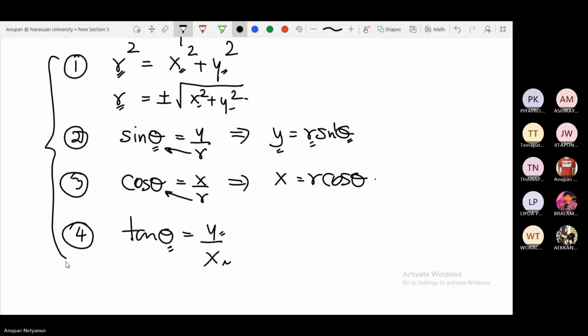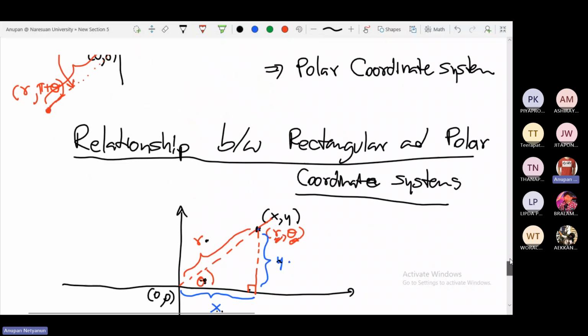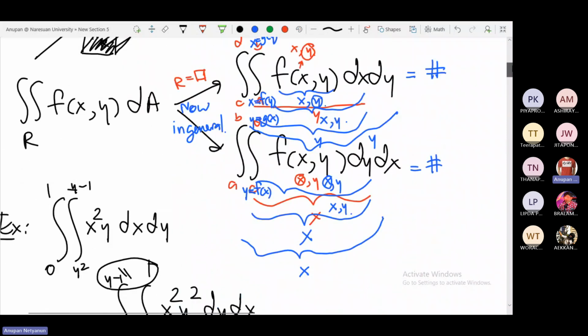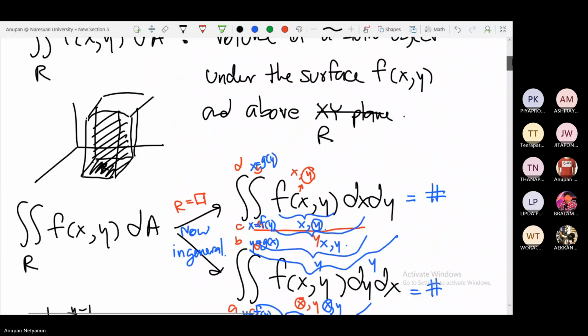Now, another thing that we are going to use: let me check if I still have the picture of what I gave you. No, I have this one, but it's not clear.